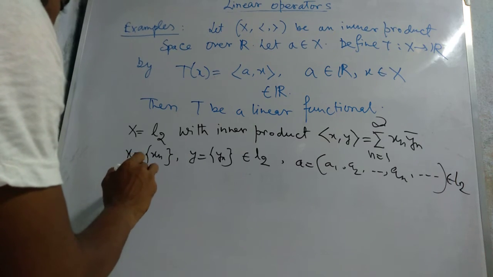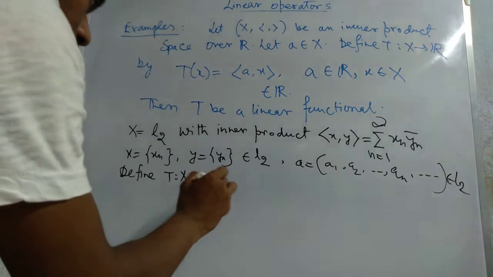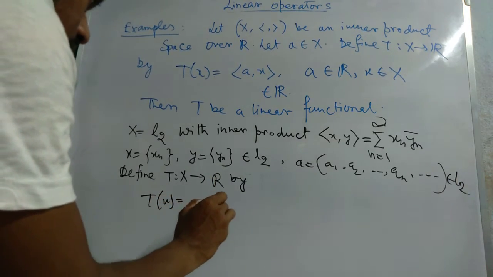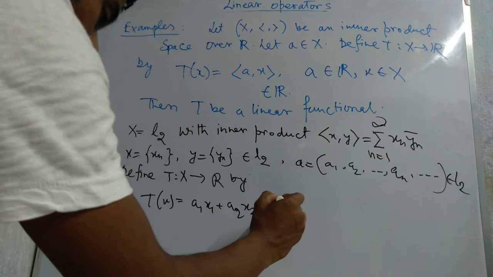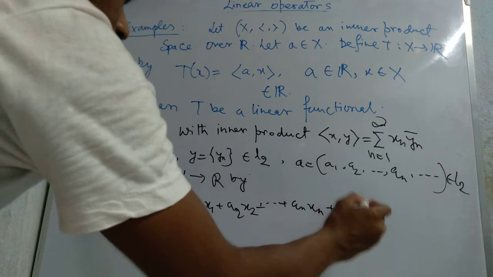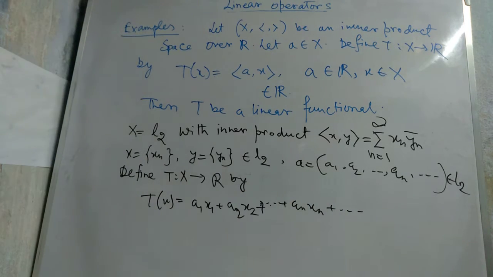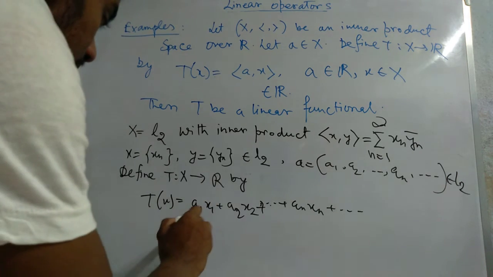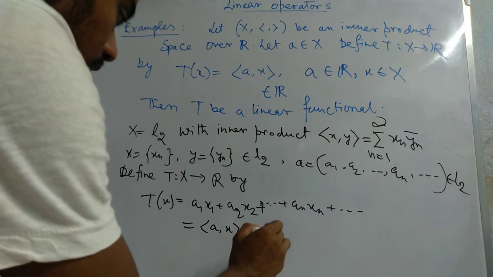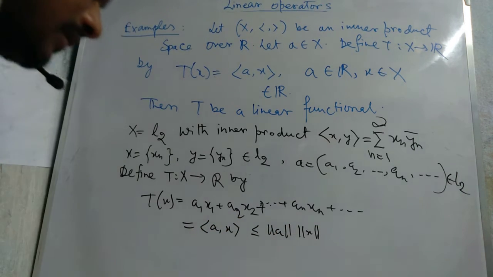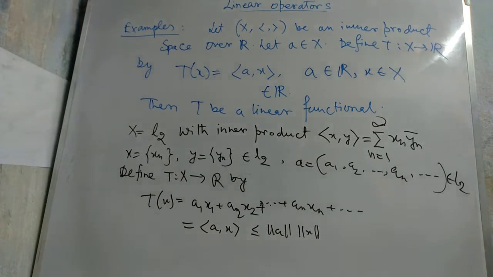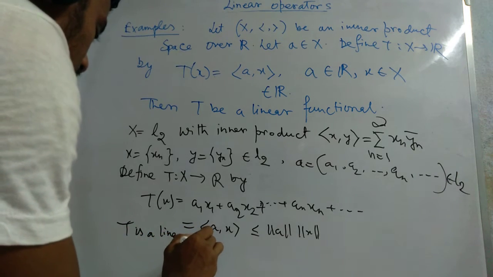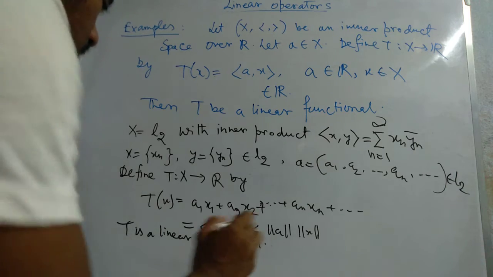Then define T from X to R by T x equal to a1 x1 plus a2 x2 plus dot dot dot plus an xn plus dot dot dot. Then obviously the inner product of a and x is less than or equal to the norm of x times the norm of a. Then T is a linear functional.